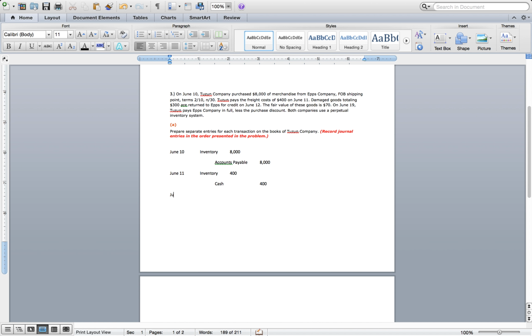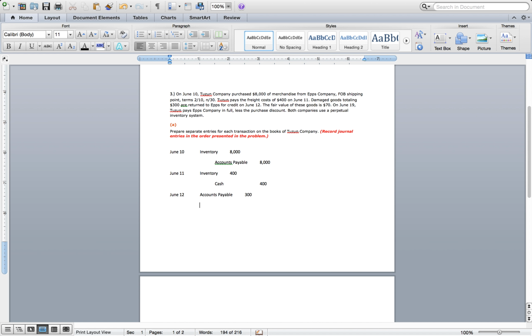Okay. So now on to the next entry on June 12th. On June 12th it says you return goods, damaged goods, for $300. The fair value of the goods is $70. Well, we don't take into account the fair value. I only want to see how much they were worth, which was $300. Okay. So now I want to start off by debiting accounts payable for $300.